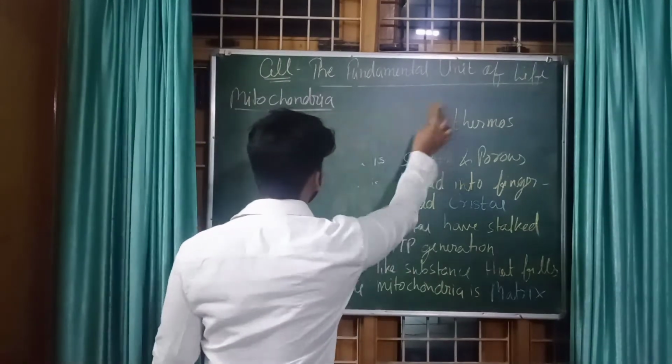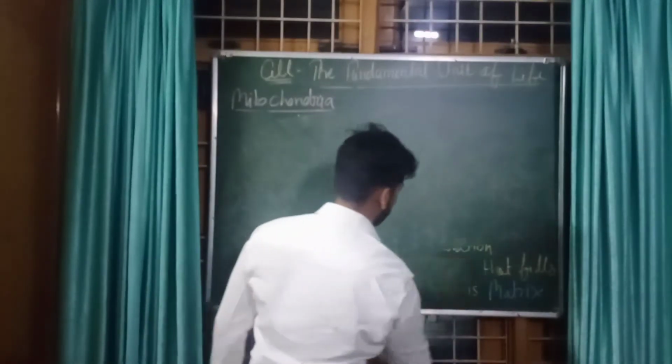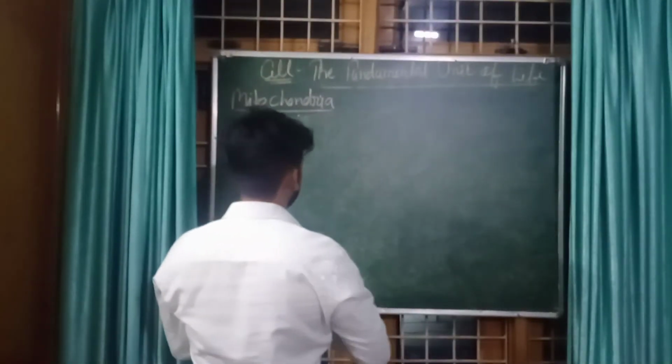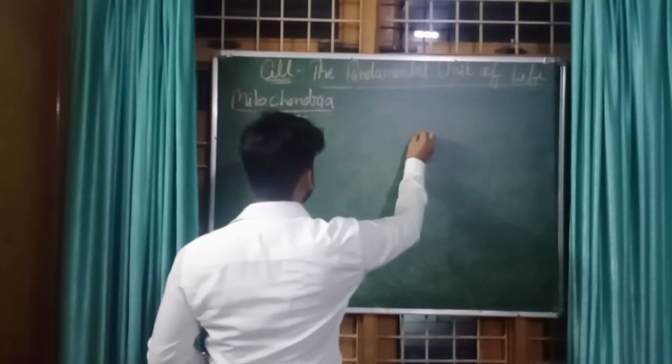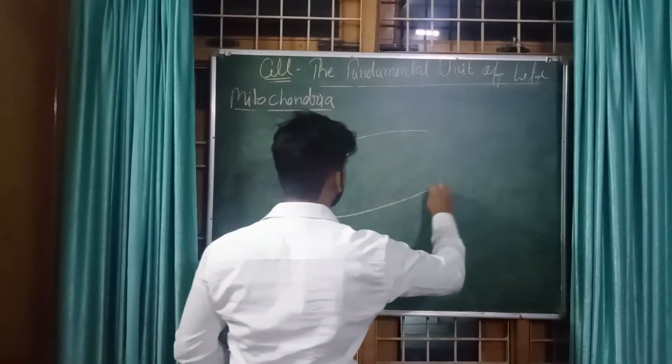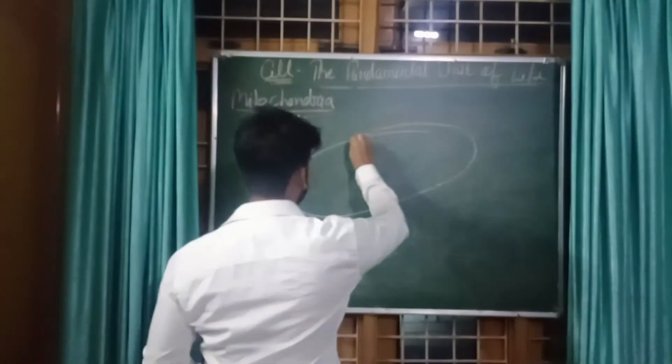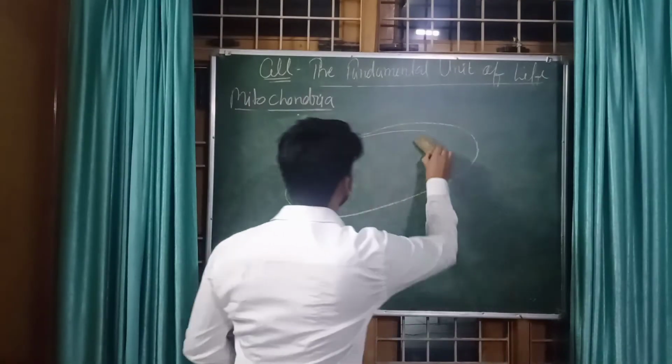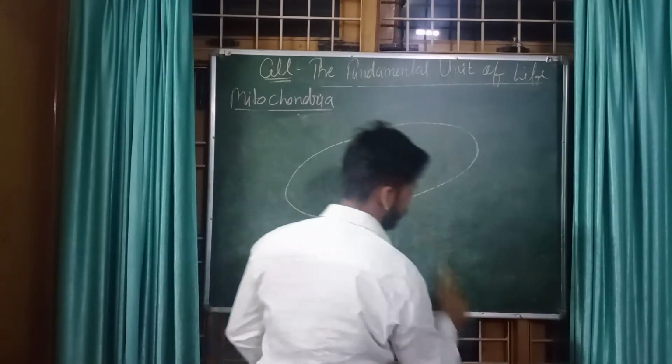As I told you, mitochondria is two-walled. So here we can see its internal structure.